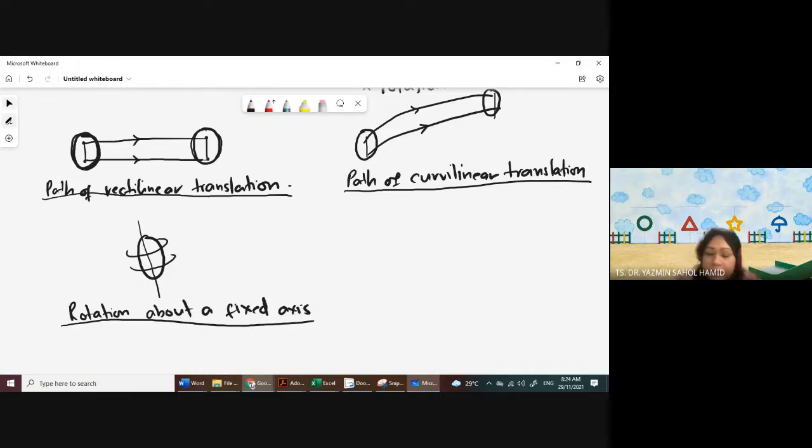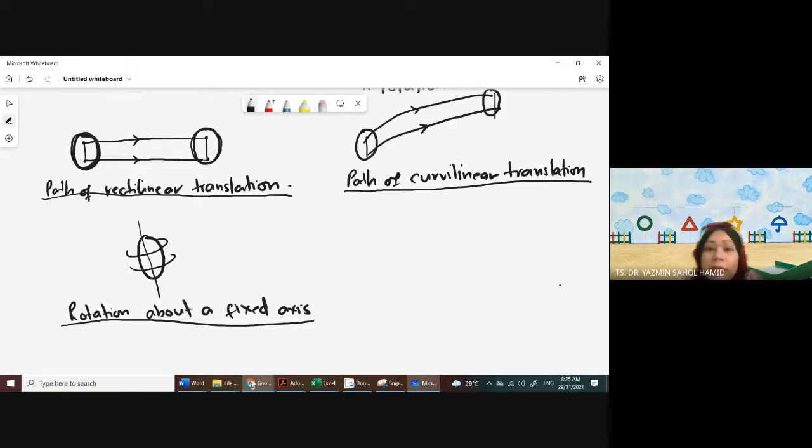Okay, rotation about a fixed axis is when a rigid body rotates about a fixed axis, and all the particles of the body move along a circular path. All the particles on the rigid body rotate together along a circular path. That is what you call rotation about a fixed axis.